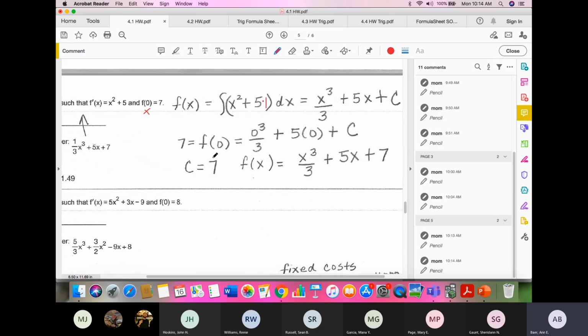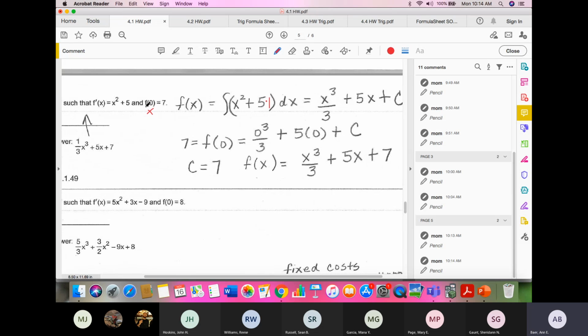So what are we going to do? That 0 is our x. So we're told that our x is 0. And that means our f of x, or our y, when x is 0, our f of 0 equals 7.